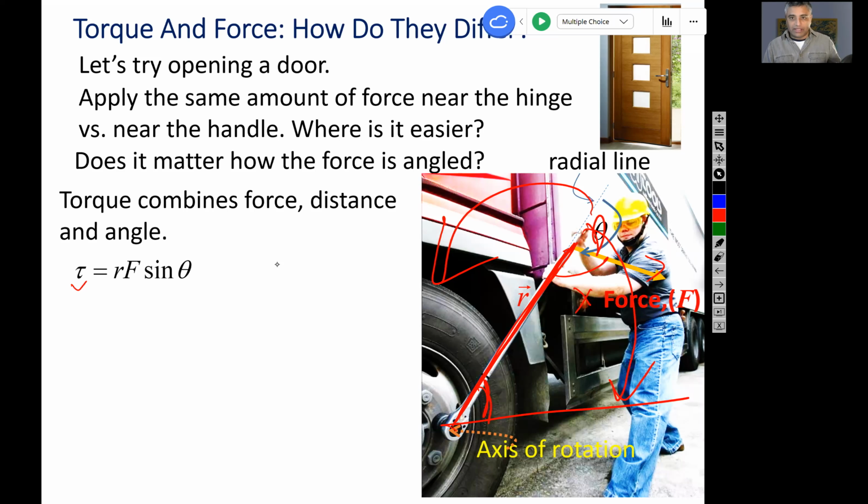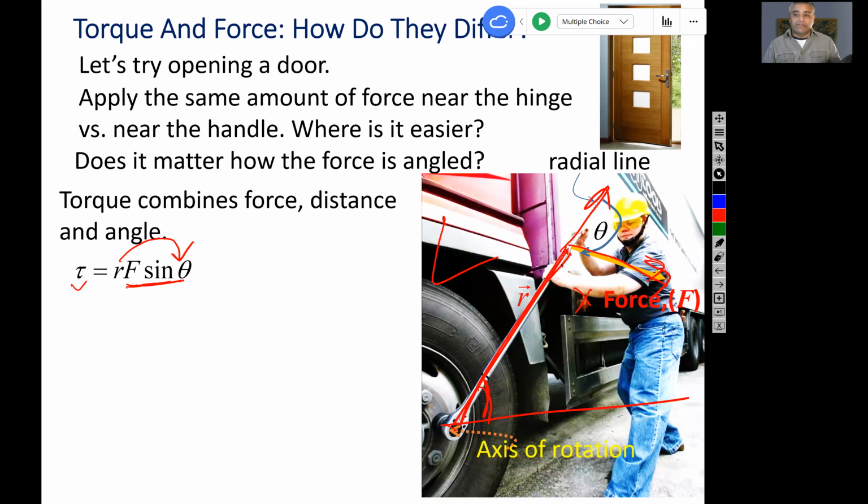It's sine theta when we look at this angle this way between R and F. Keep that in mind. And if we combine F and sine theta, then it's going to look like a component of force. When we combine R and sine theta, it's going to look like a component of this R vector, right? One of the components, the opposite side component.